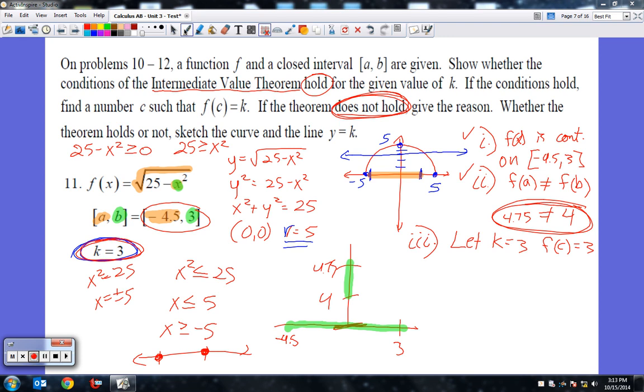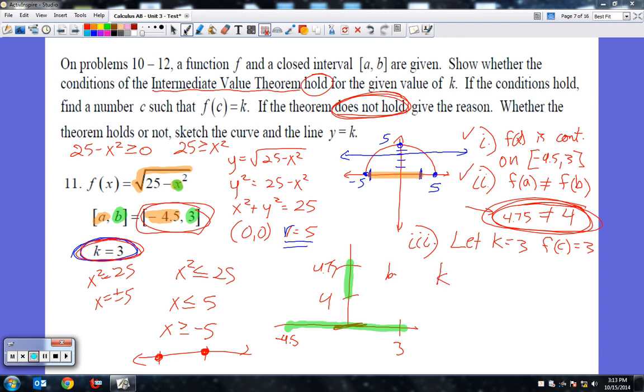I did prove that f of a was not equal to f of b, but this is a step that is frequently forgotten. I need to find something in between those y values, not in between the x values, but in between the y values that we got as f of a and f of b.